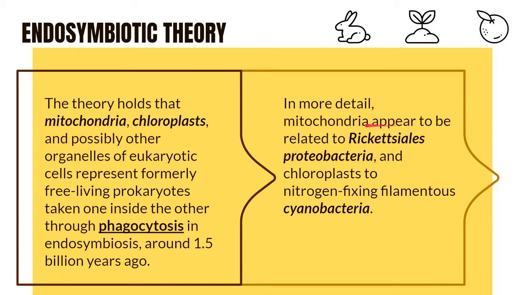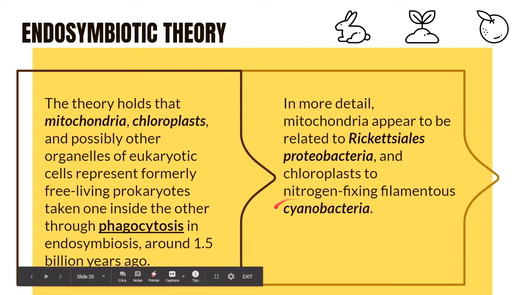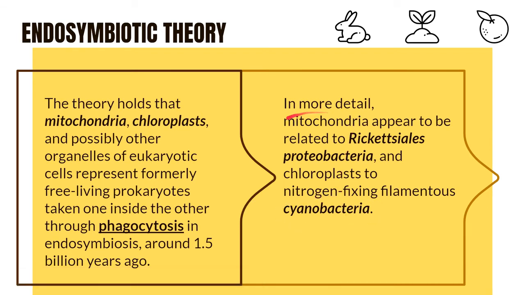They live a unicellular existence, while chloroplasts appear to be related to nitrogen-fixing cyanobacteria, which is also another free-living organism. So why is it that we have mitochondria within our eukaryotic cells, and chloroplasts are also found within eukaryotic cells, and they look a lot like these free-living prokaryotes? How do we explain that?